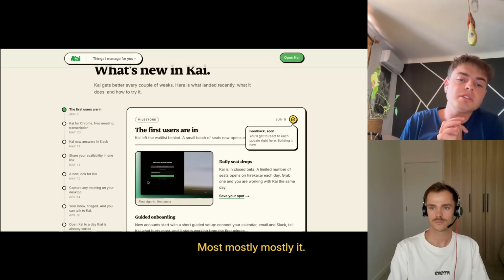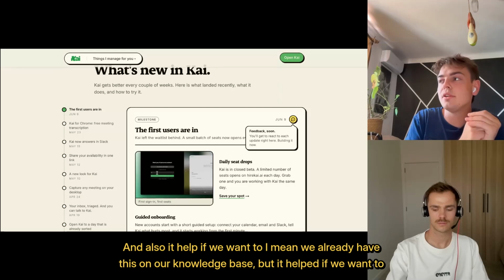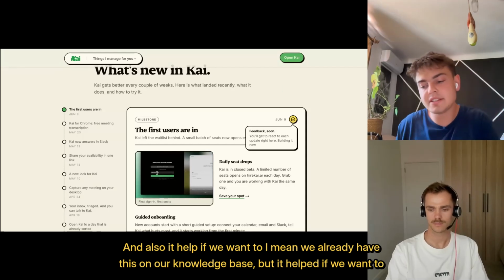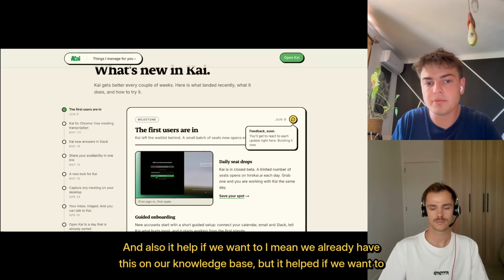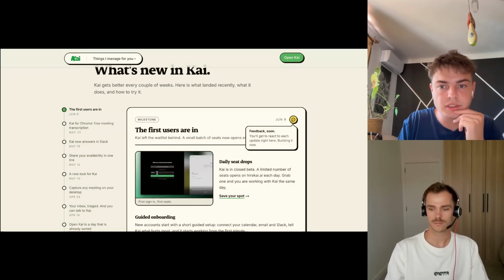Mostly that. We already have this in our knowledge base, but it helps if we want to look at what we did before and if we want to push something.